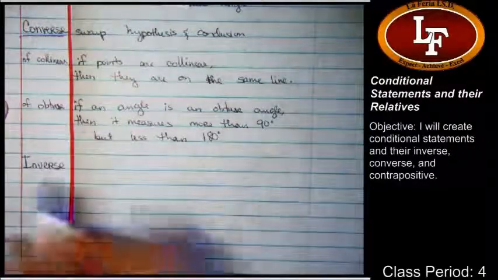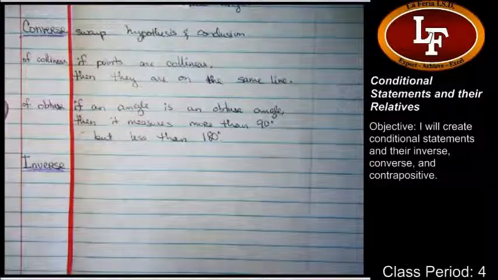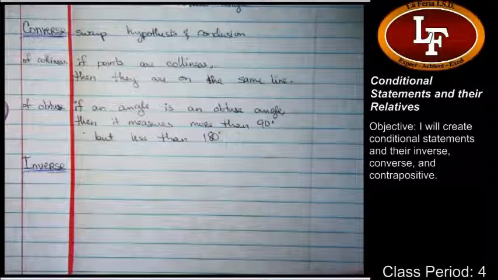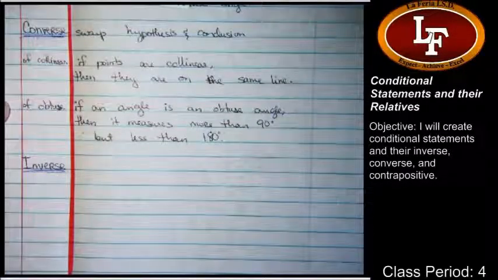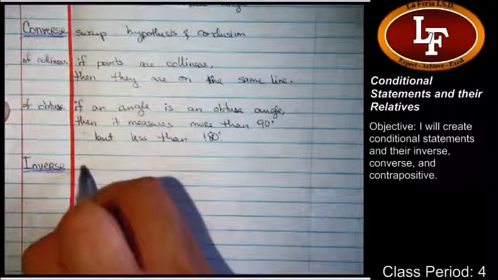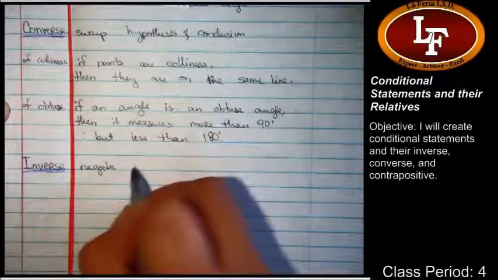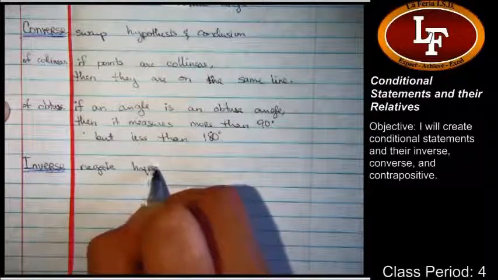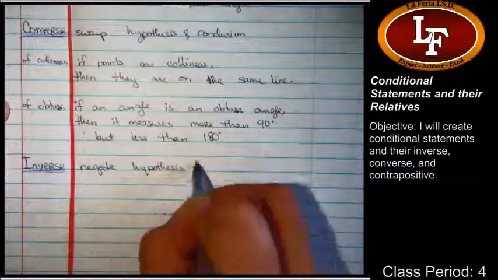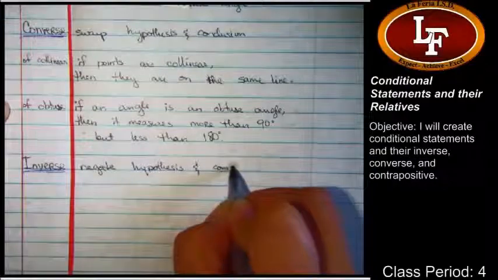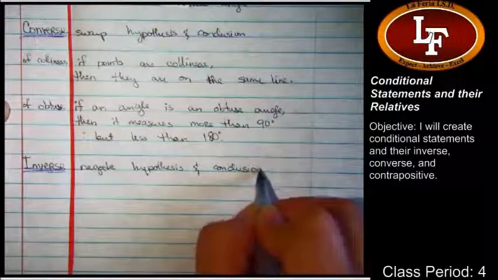Okay. Moving on to the next relative. This relative is the inverse. All right. So the inverse said negate the hypothesis and conclusion. Do y'all know what the word negate means?